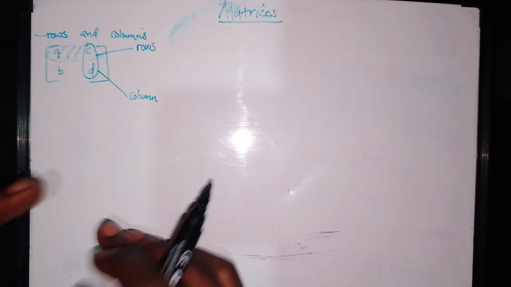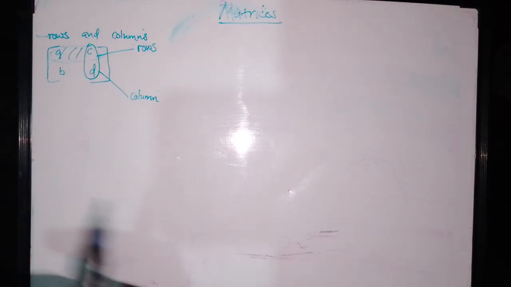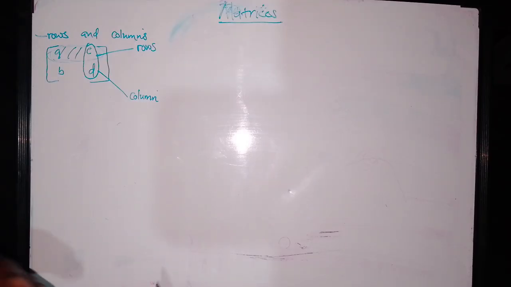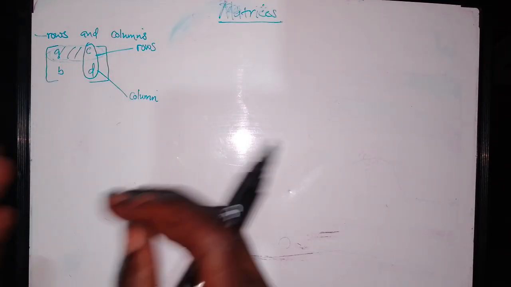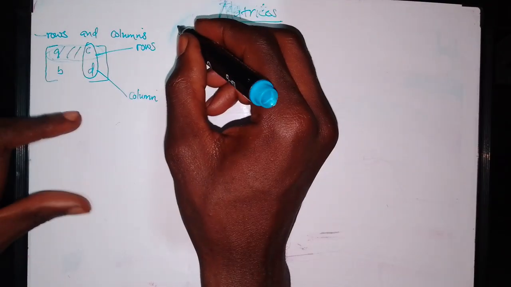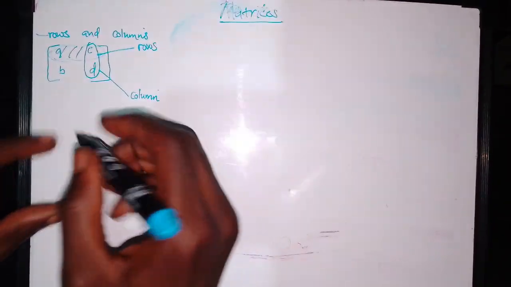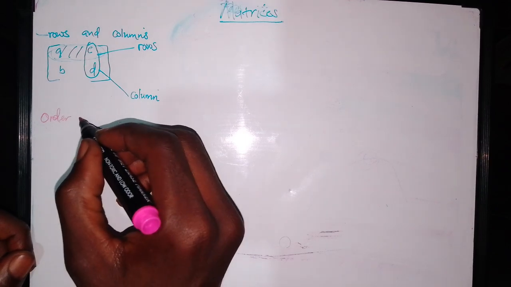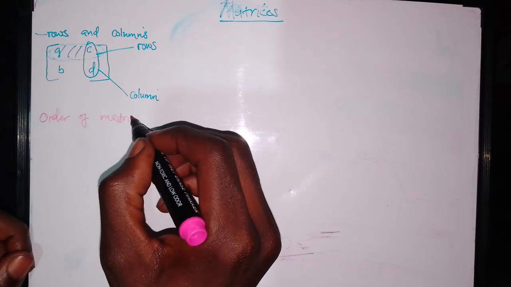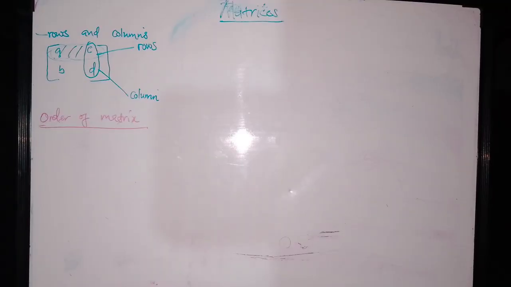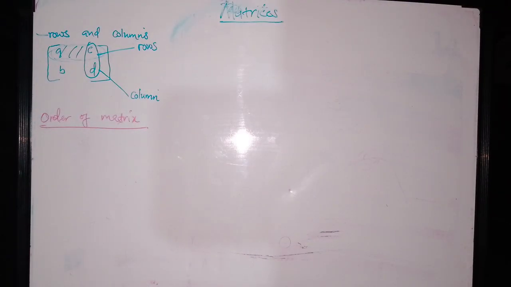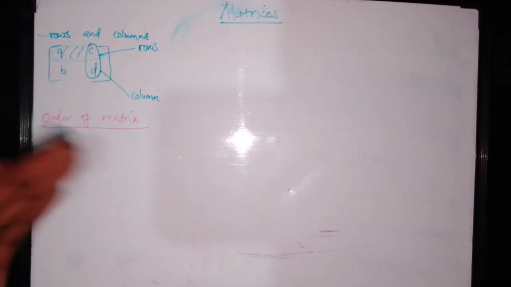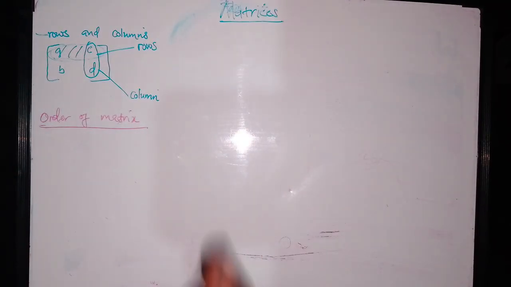After understanding what rows and columns are, we are going to look at the order of a matrix. What is the importance of the order of a matrix? The order of a matrix is the arrangement to which a matrix is arranged, and it differs from matrix to matrix.